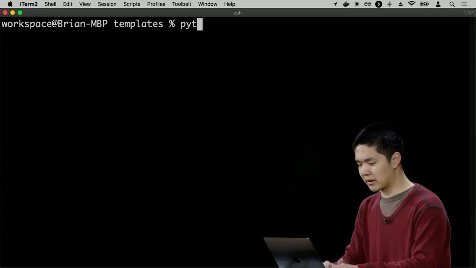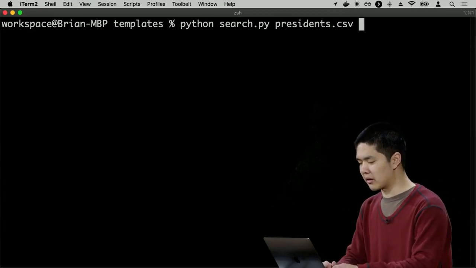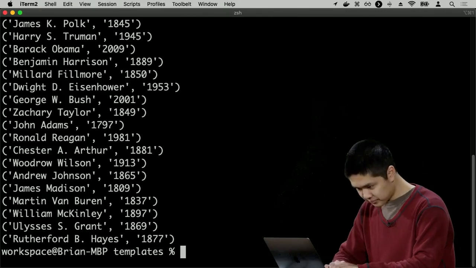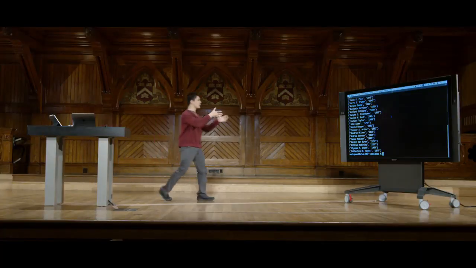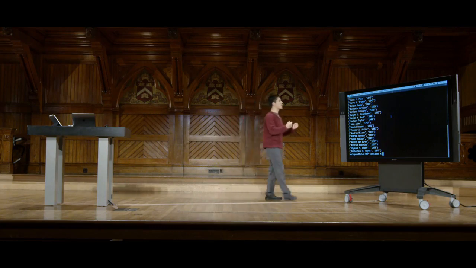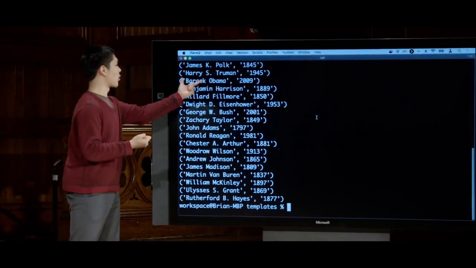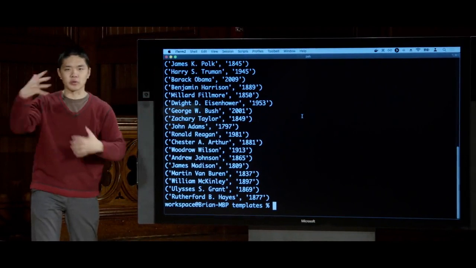So I can say search in presidents.csv, presidents. And what I get is a whole bunch of data about presidents and what year they were likely inaugurated in by looking for patterns that matched Barack Obama 2009, for example, looking for these sorts of patterns that happen to give us some clues as to what it is that a story happens to be about.